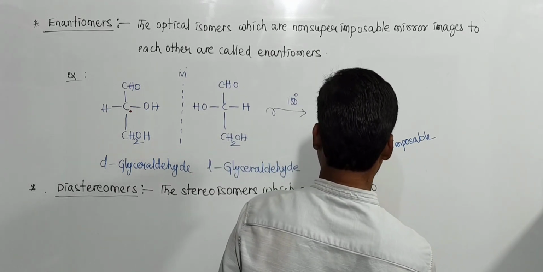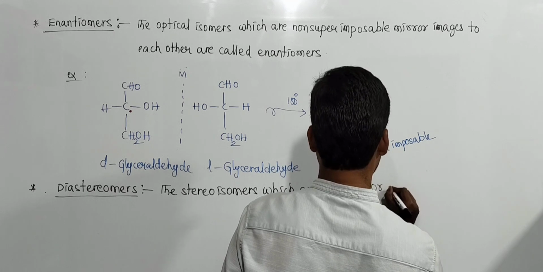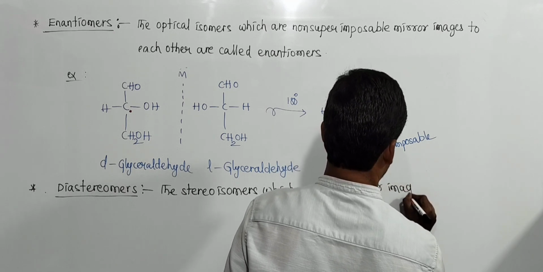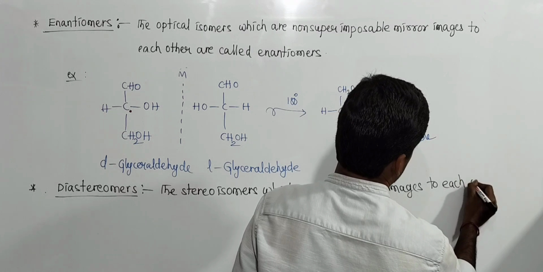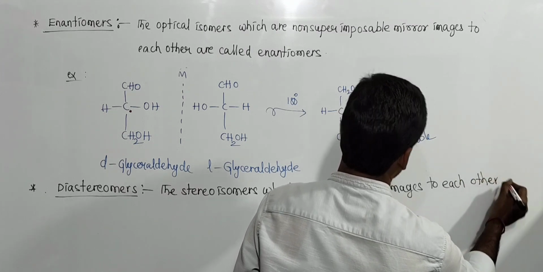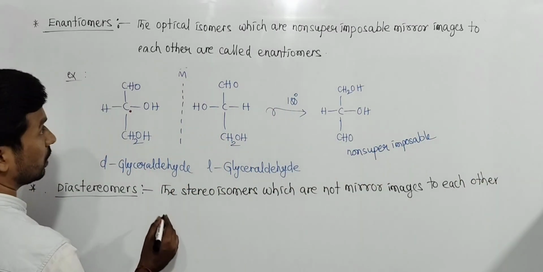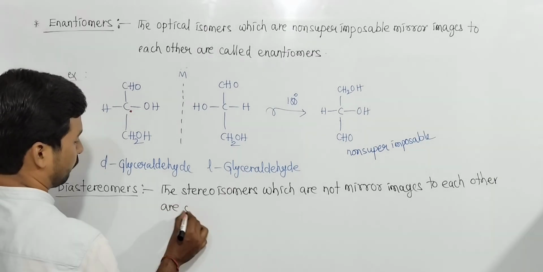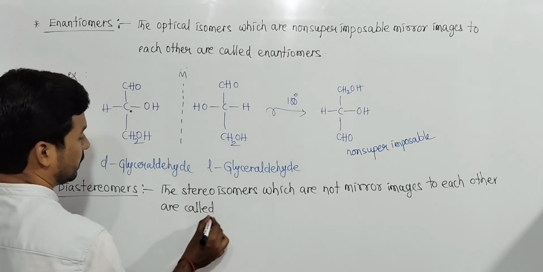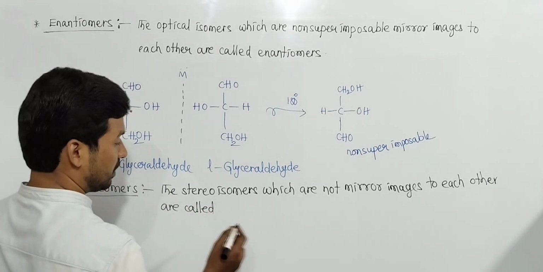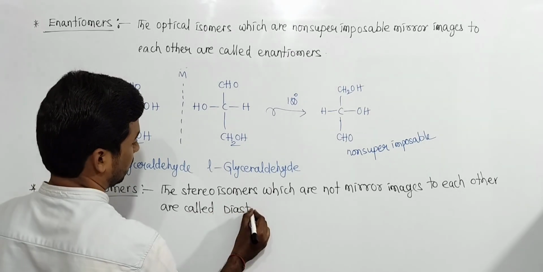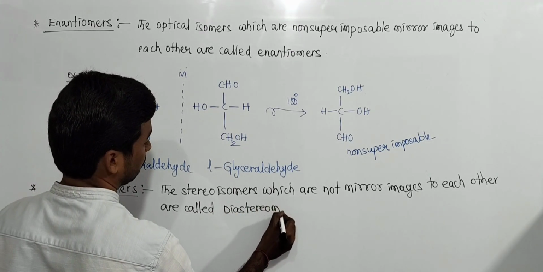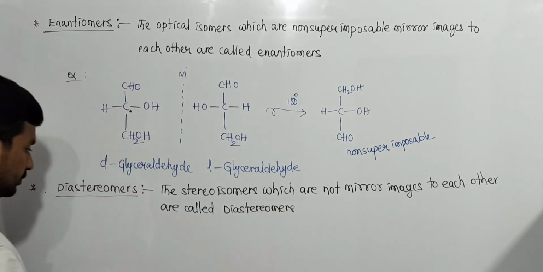Diastereomers are stereoisomers which are not mirror images to each other. The stereoisomers which are not mirror images to each other are called diastereomers. Example.